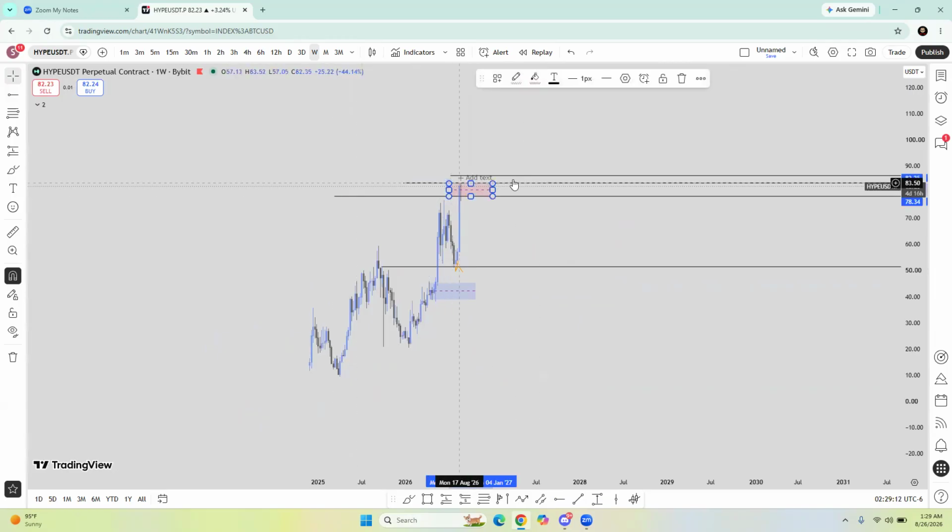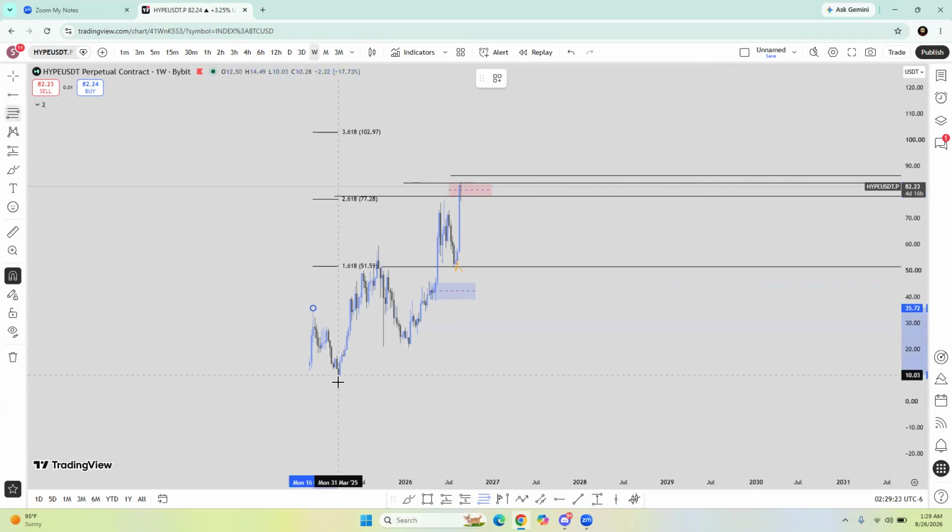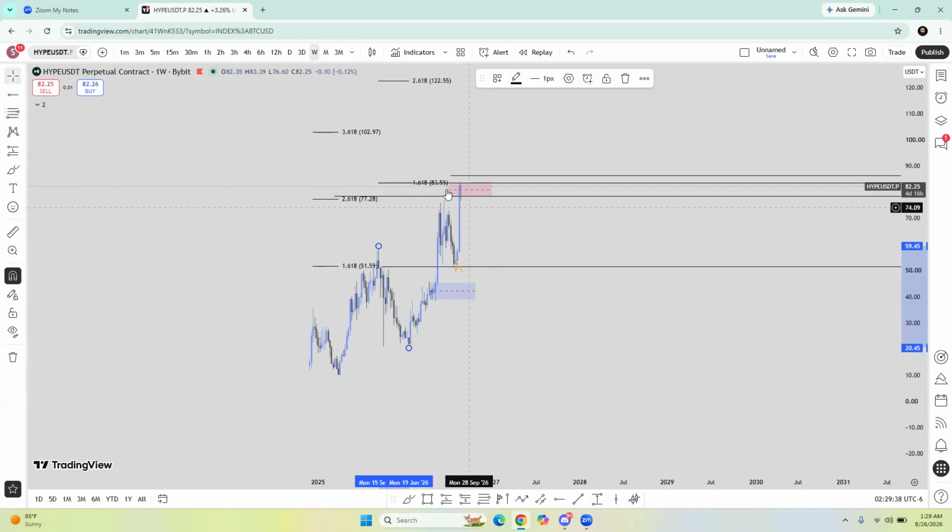So yes, that's why this red zone is marked here. 1.618 rejection. I want a rejection from this zone right now.